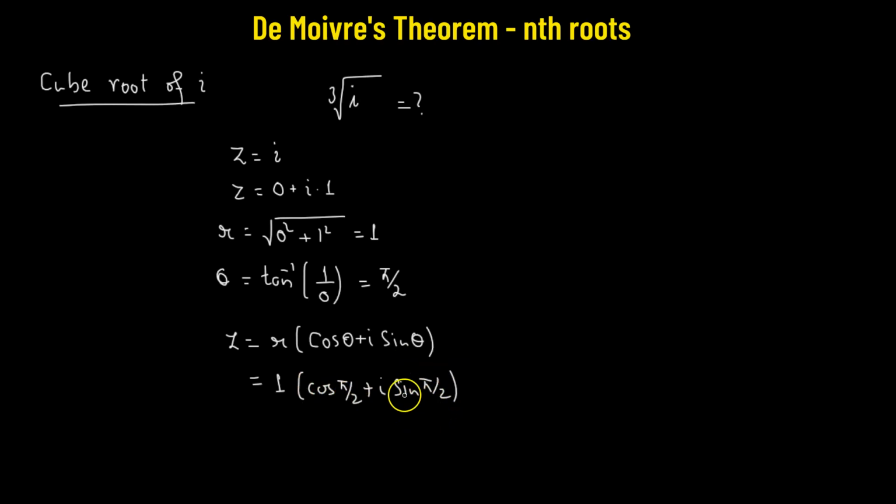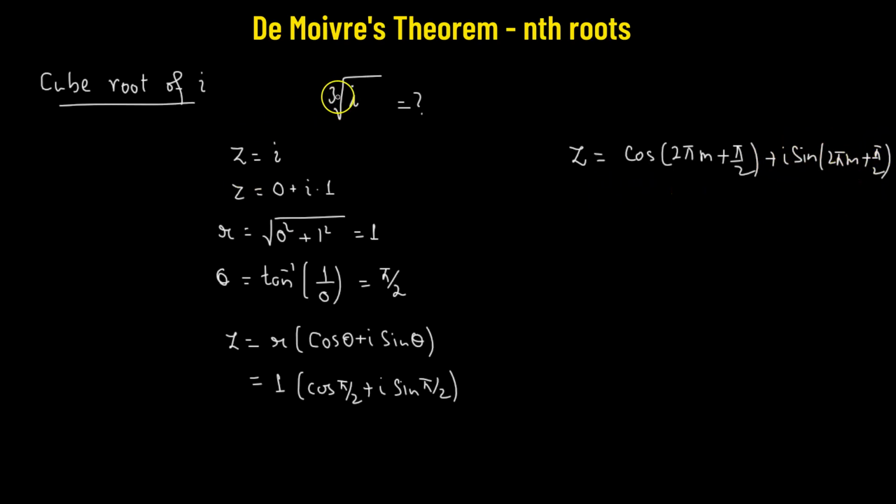Now we know that our cosine and sine are periodic functions. So that means our complex number z can be also represented as cosine of 2 pi m plus pi over 2 plus iota times sine 2 pi m plus pi over 2.